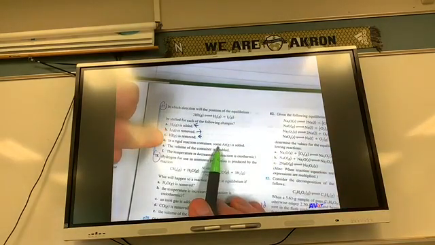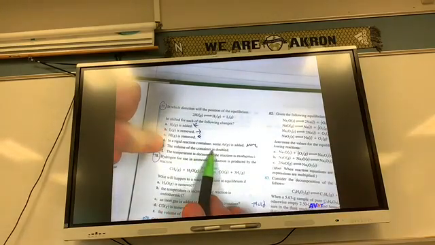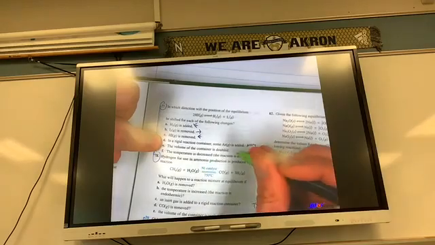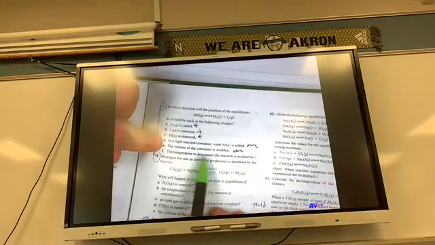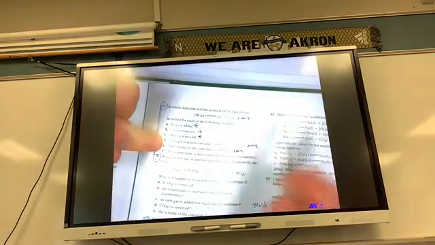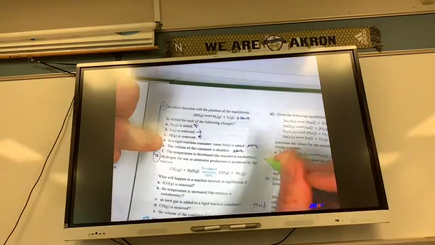That is inert. None. The volume of the container is doubled. Volume is going up, so the pressure goes down. So it's going to shift to the side with the most amount of moles of gas. Well, they're both 2 and 2, so E is going to be none. Temperature decrease, the reaction is exothermic, plus heat, means I'm removing product, so it's going to shift to the right.